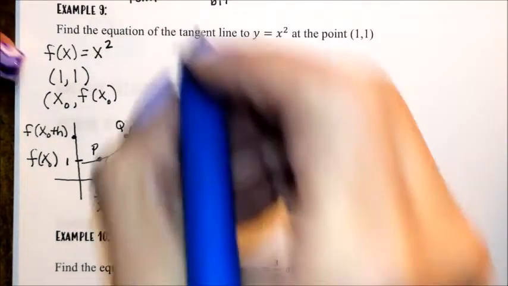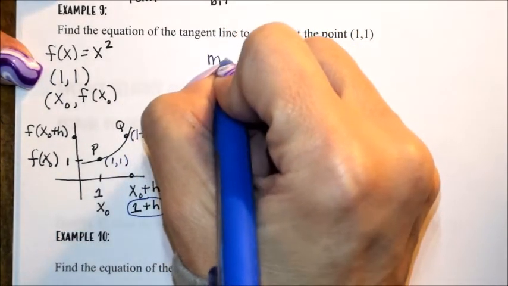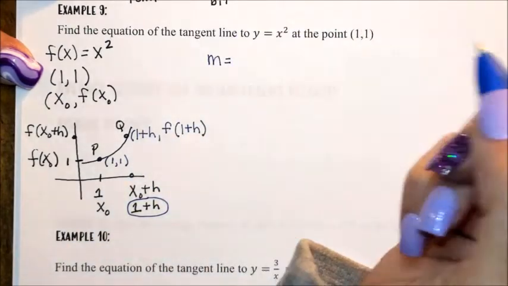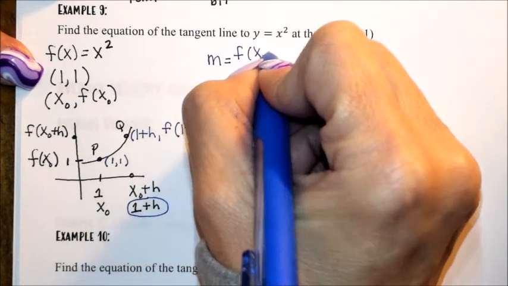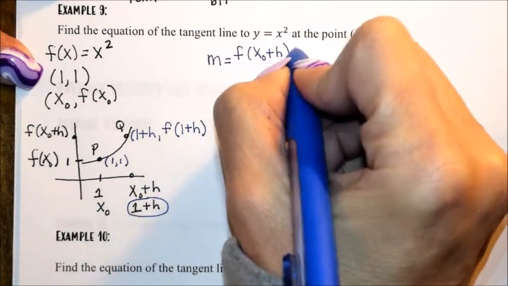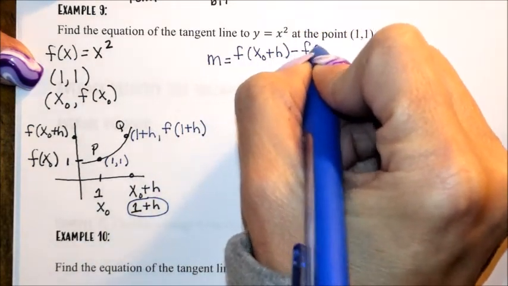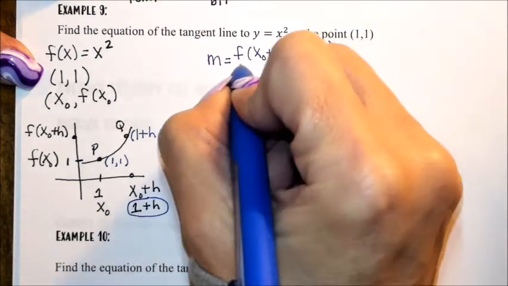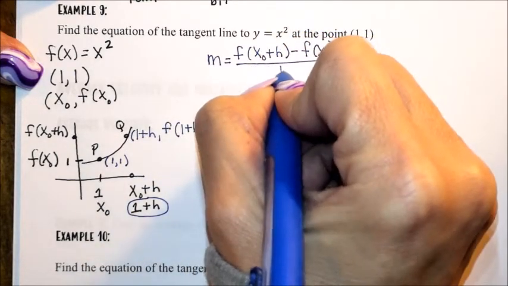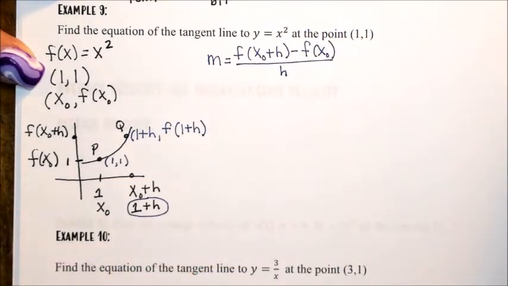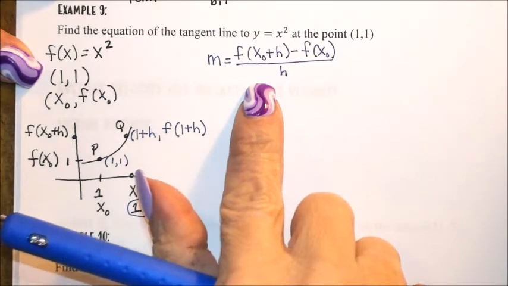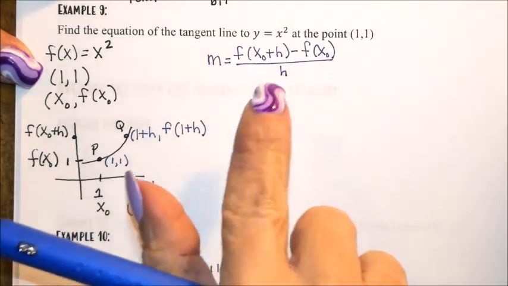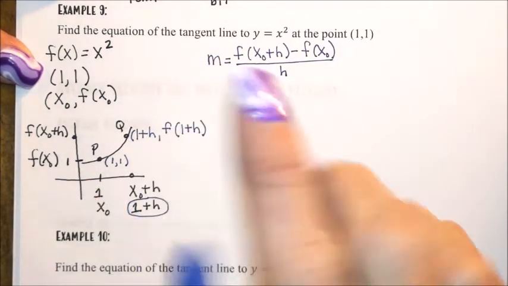We learned earlier that the slope of the secant line was f of x naught plus h, minus f of x naught, all over h. I'm going to say the naught, and sometimes I'll probably forget to say it, but you know it's there. Could we drop it? Yeah, theoretically we could. I'm just doing it so that the notation looks better. This is what we found the slope of the secant line to be, and we know from earlier that the slope of the secant and the slope of the tangent are the same.